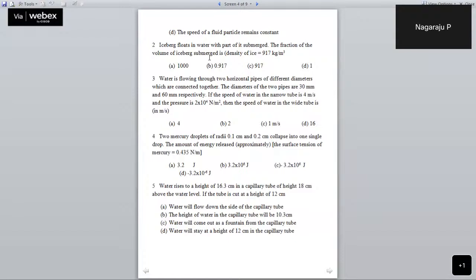The density of iceberg is given as 917, and the density of water is not given here. Even though it is not given, you should take it as 1000. That means 917 divided by 1000 gives you 0.917. Therefore, the correct option for this is 0.917.